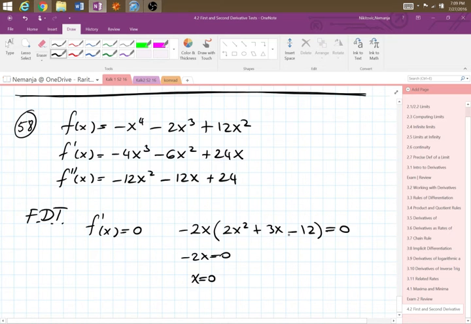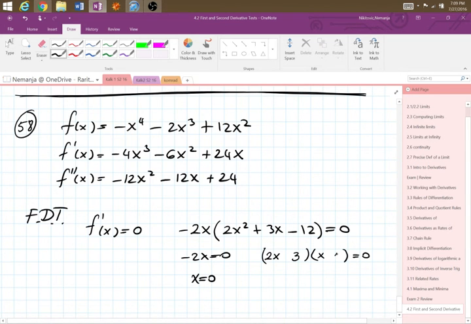And the second one needs to be factored, right? So what are the factors here? 2x times x, and is it 2 and 6 or 3 and 4?